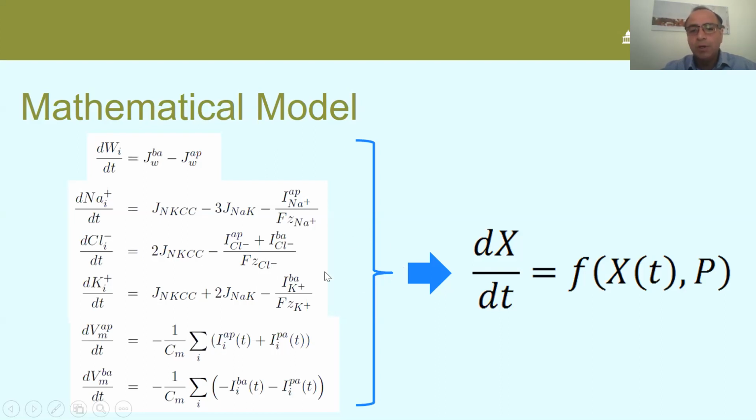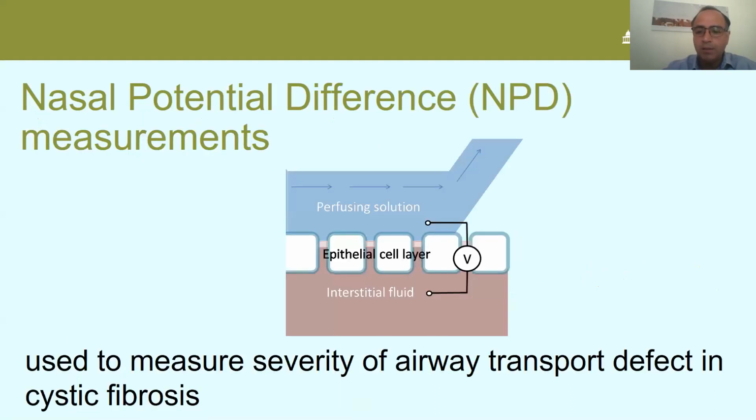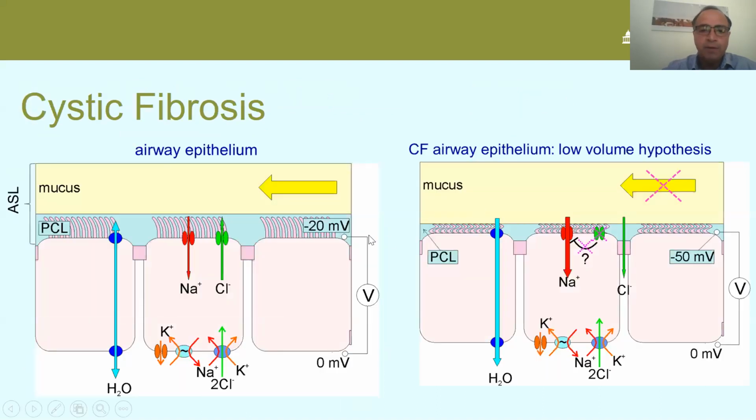This model is equivalent to an ordinary differential equation model, dx/dt, which is a function of x, t, and some parameters p. These parameters are, for example, if I go back to the previous slide, how effectively the sodium and chloride channels behave, for example, the permeability of the sodium channel and the chloride channel.